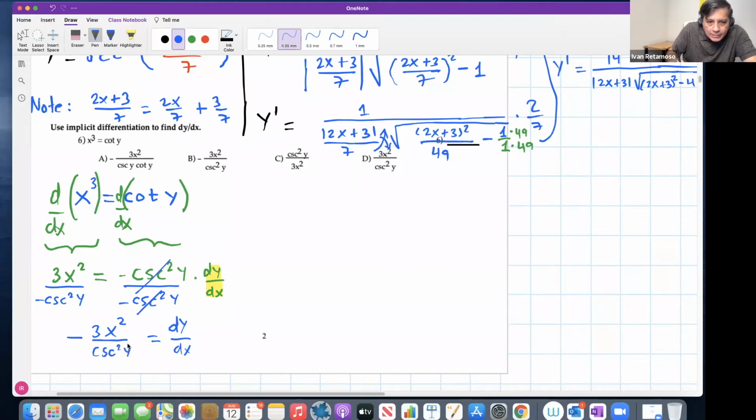Cosecant squared of y. Professor, the derivative depends on x and y. Not a problem, guys. That's an intrinsic feature of doing implicit differentiation, right? Always the derivative will depend on x, y. I wouldn't say always, but most of the time, 95% of the time. Yeah, then you look through, you find it there, right? It's there. Very good.